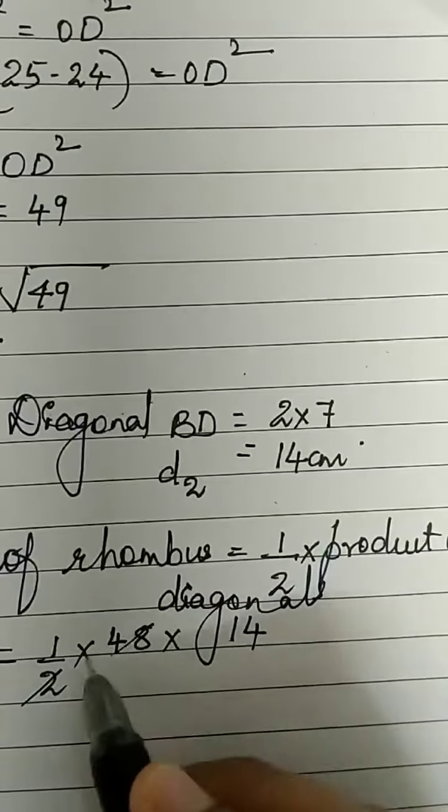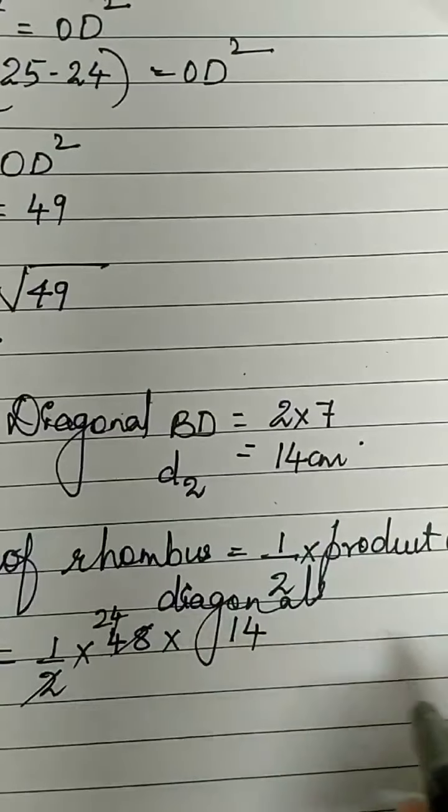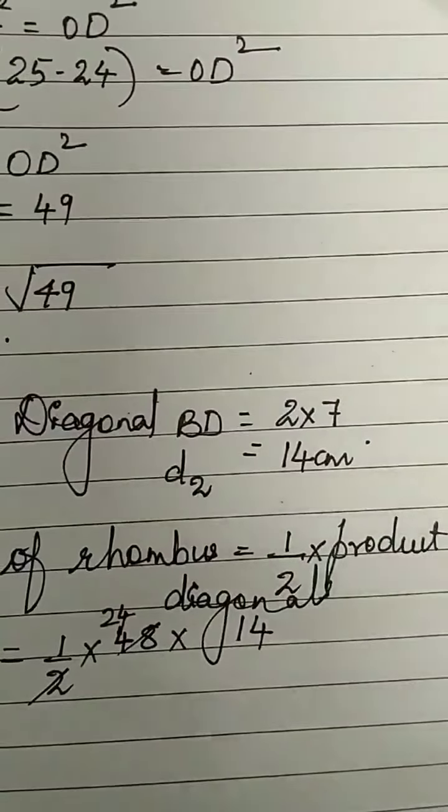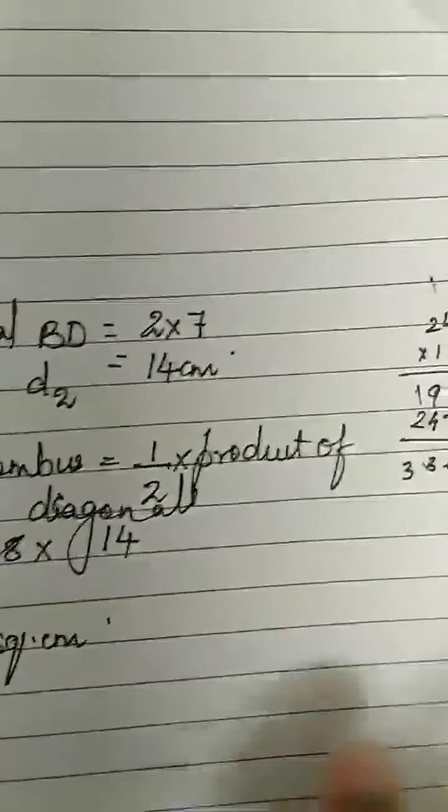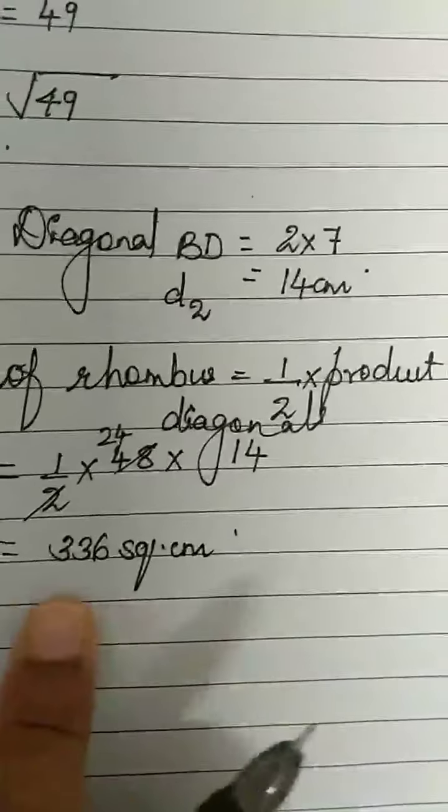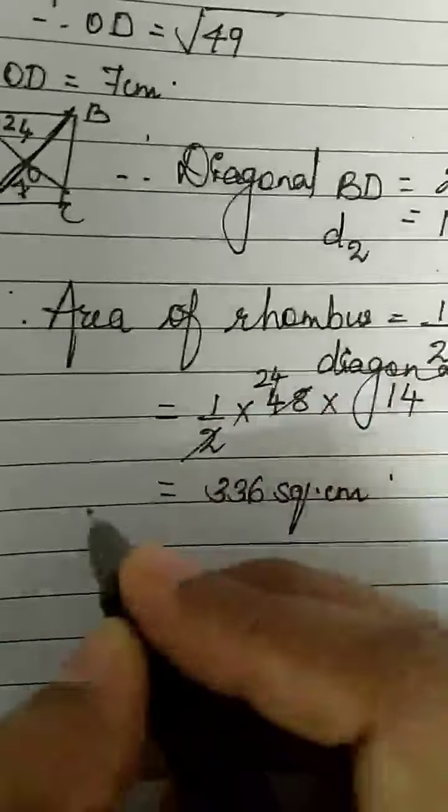Divide by 2: 2 ones are 2, 2 twos are 4. 14 into 24. Multiply and get the answer. So after multiplying, we got the answer as 336 square centimeter.